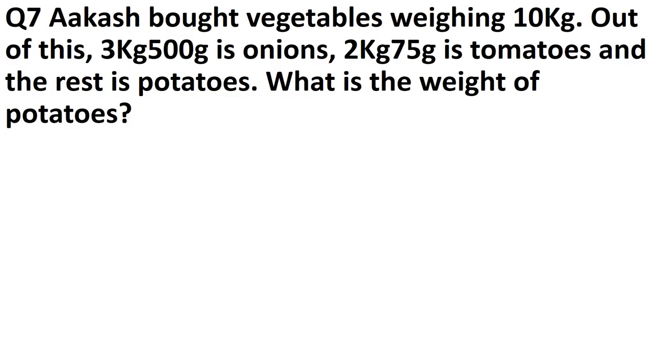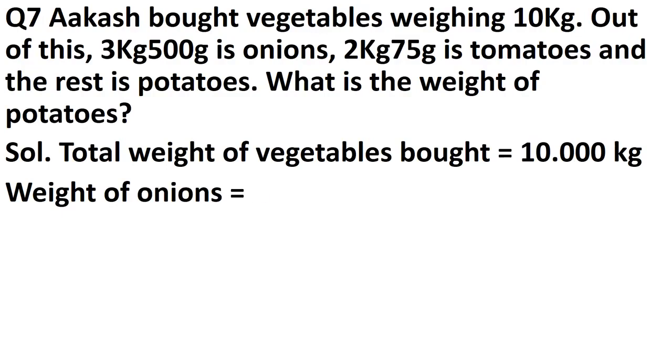What is the weight of potatoes? Total vegetables he bought 10 kilogram. Weight of onion 3 kilogram 500 gram. Weight of tomatoes 2 kilogram 75 gram. And the rest are potatoes. Now you have to tell how much weight of potatoes he purchased. See the solution of this.